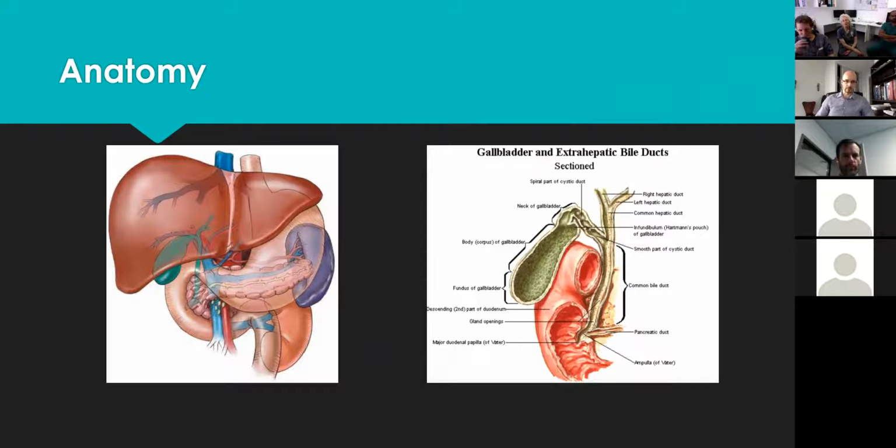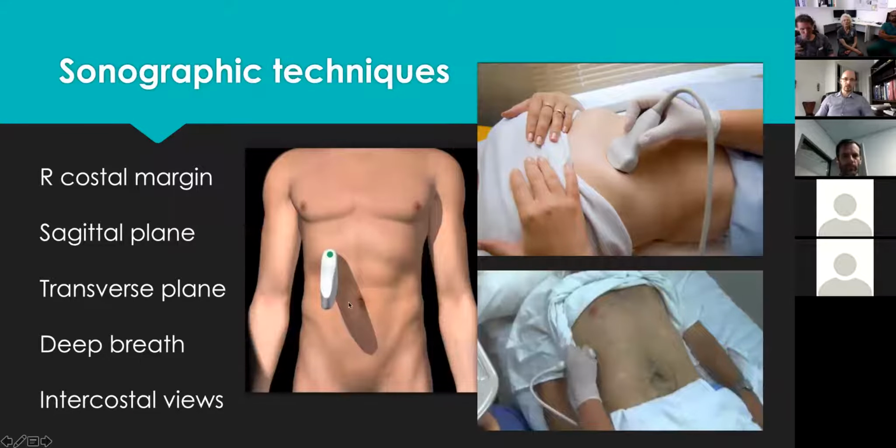Now, with the sonographic techniques, obviously we just start with the sagittal and transverse probe position. It's usually very important to examine the patient in at least two positions, and I'll explain why. The first position is usually either supine or left lateral decubitus, and I'll explain the advantages and disadvantages of each.